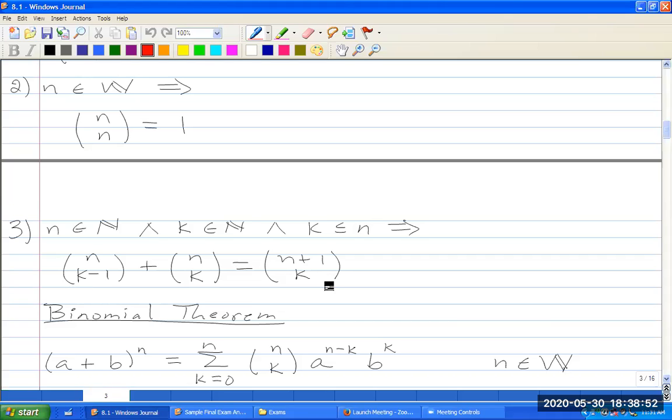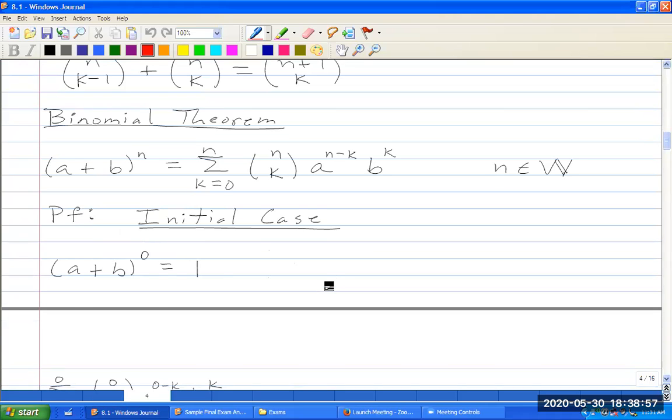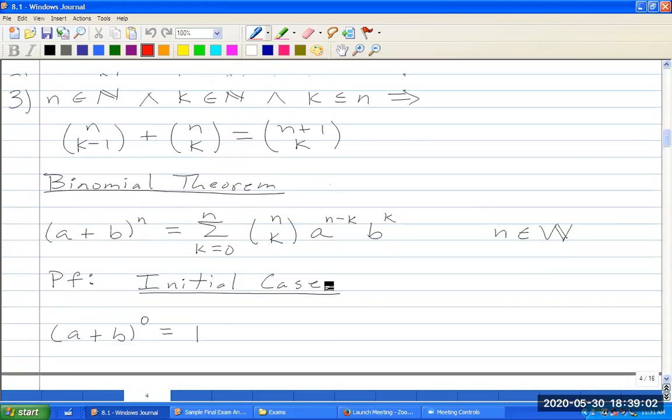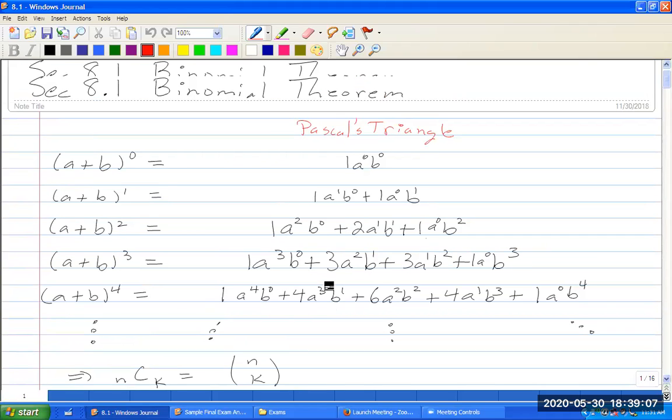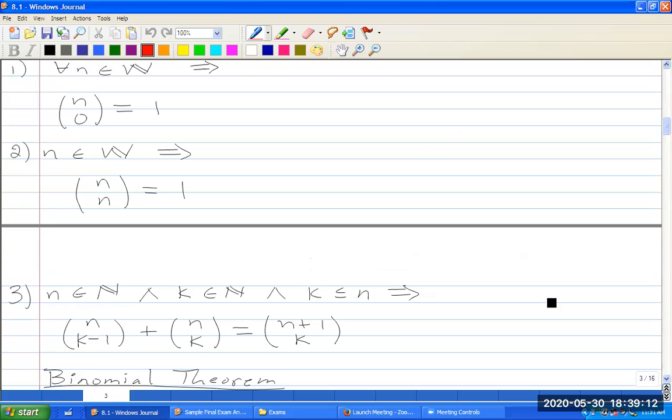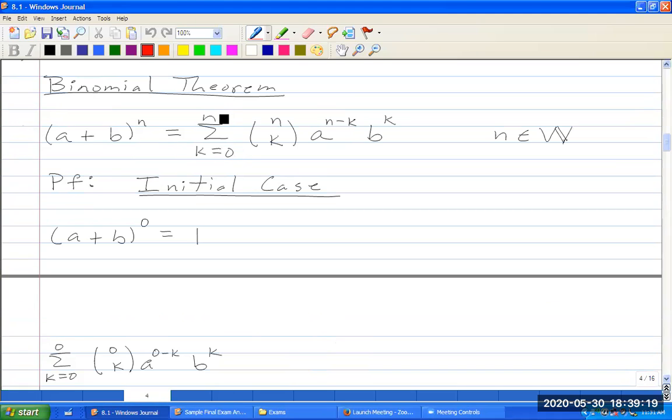Then I can use this to prove the binomial theorem, which says that this idea here to expand to have all these special product formulas works. A plus b to the n is just the sum, k equaling 0 to n, of the binomial coefficient nCk times a to the n minus k times b to the k.